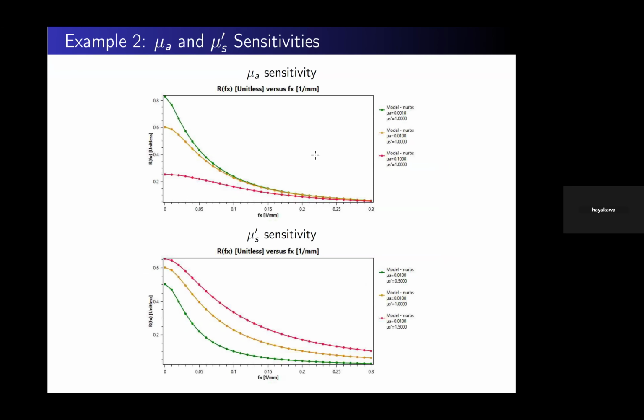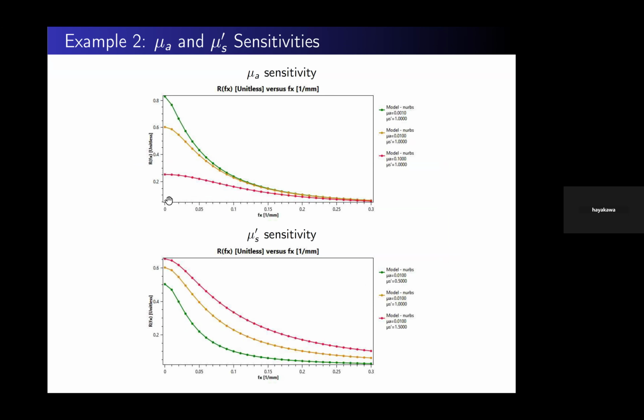Remember these plots? So I'm using a spatial frequency of 0.2 and 0.3. This shows spatial frequency reflectance versus spatial frequency here for different, we change absorption. Again, it's using the GUI, modify absorption.